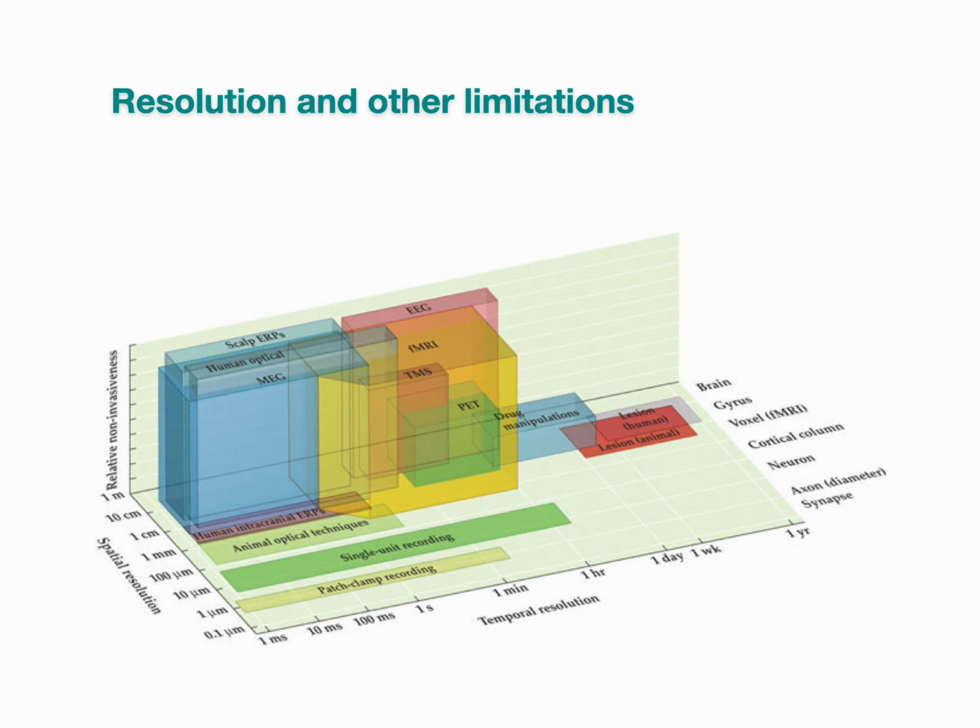We have seen examples of experiments using EEG, ERPs and fMRI. This picture represents the spatial and temporal resolution of different methods to record brain activity. EEG, the light blue volume in the figure, has good temporal resolution, from milliseconds to seconds, but its spatial resolution is poor, in the order of a few centimeters.